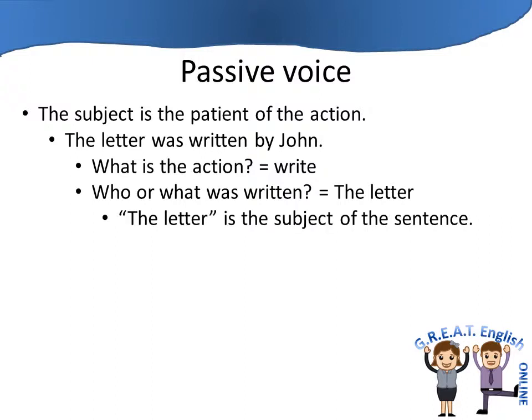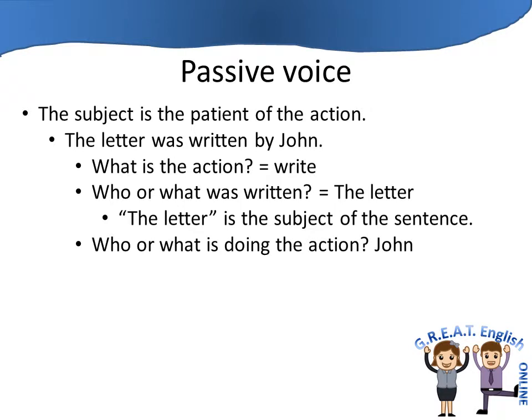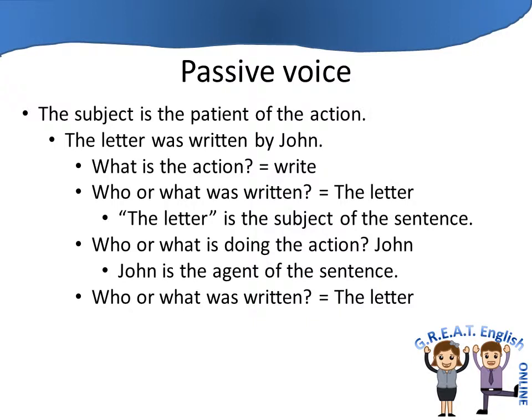So the subject of the sentence is the letter, but the subject is no longer the agent of the act of writing. Who or what is doing the action of writing is still John. So John is still the agent of the sentence, even though he's no longer the subject of the sentence. Who or what was written? The letter. The letter remains the patient of the verb write.